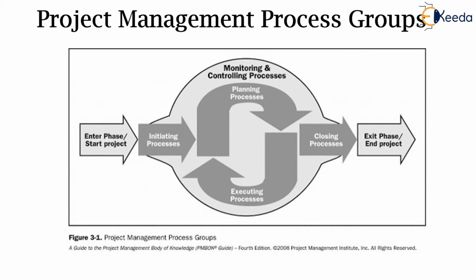It encapsulates the entire life cycle. This is because every process group requires to be monitored and there have to be controlling checks for them. Thus, after the closing process, there is an exit phase, or the end of the project is marked.